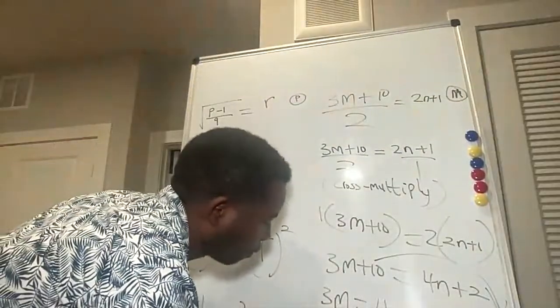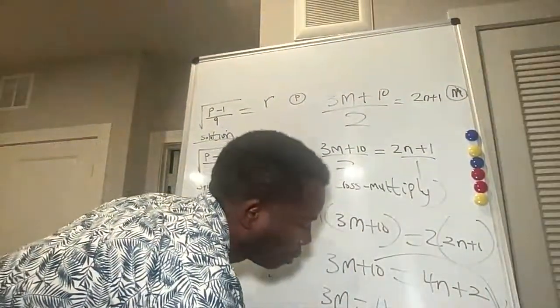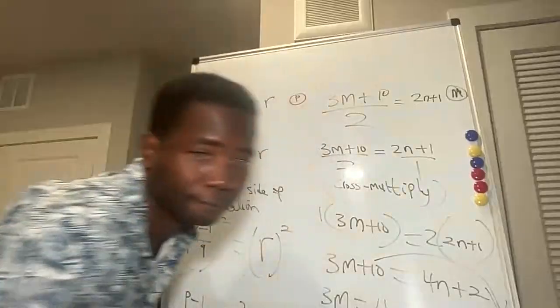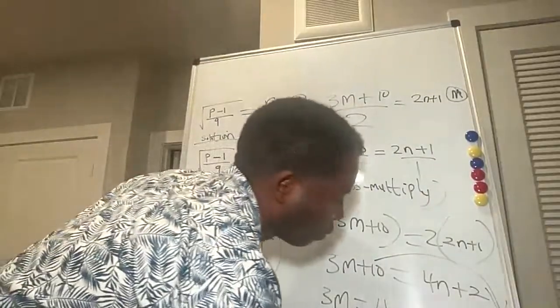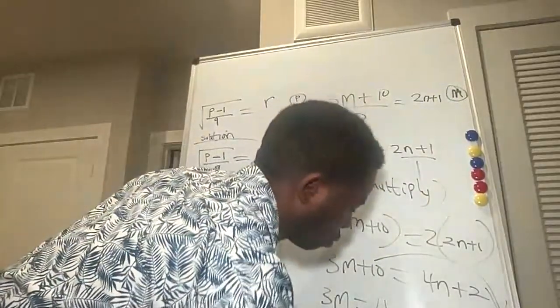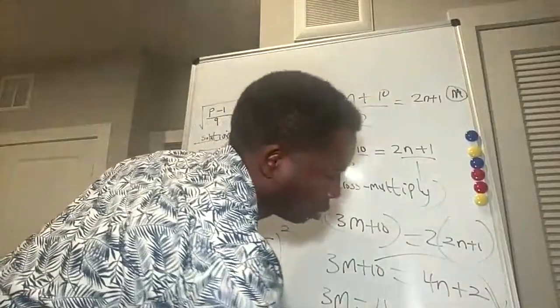So therefore, m is equal to 4n plus 2 minus 10 over 3.